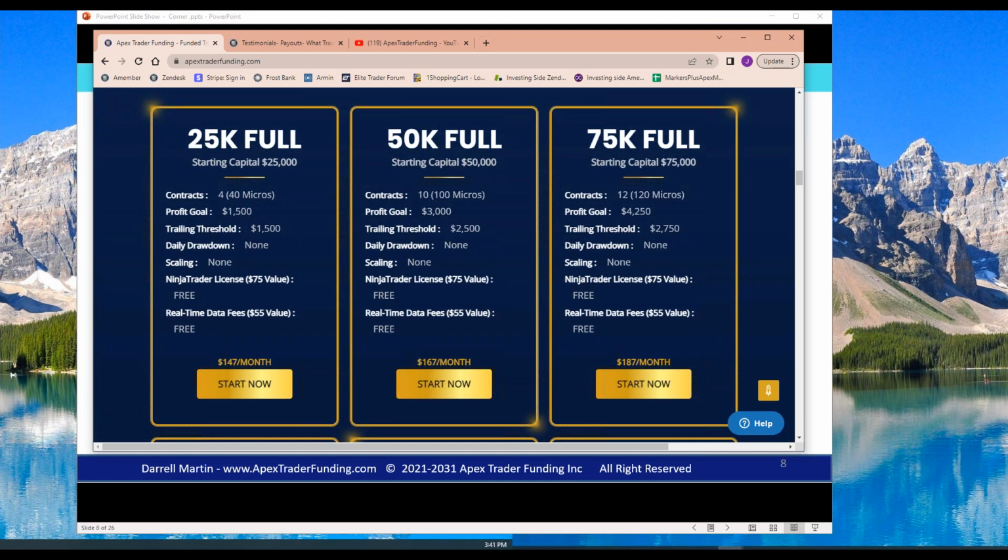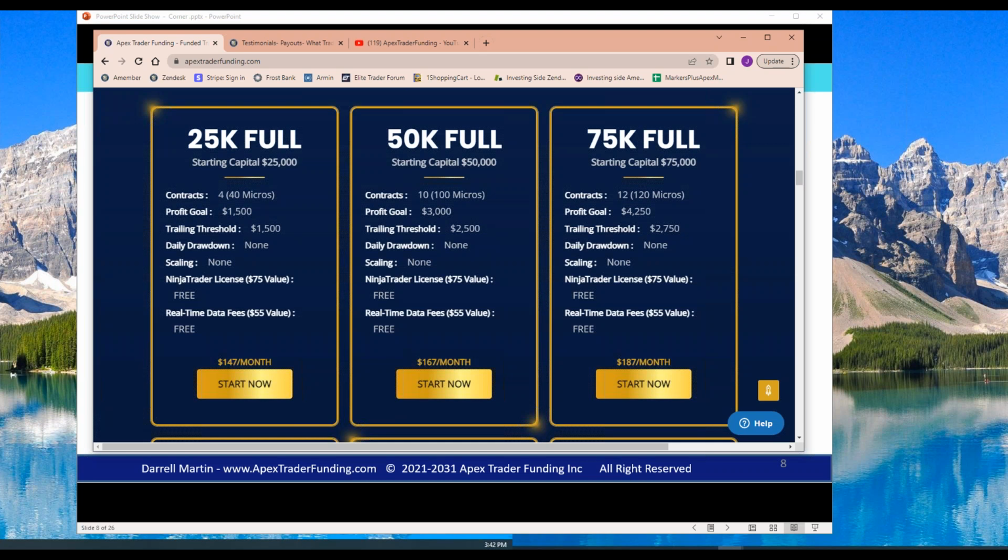We just want to see that that profit goal was hit along with 7 different individual trading days, not just in one quick afternoon lucked out. Does that make sense? You can trade as long as you need to hit the profit goal. We just want to see at least 7 individual trading days, okay?